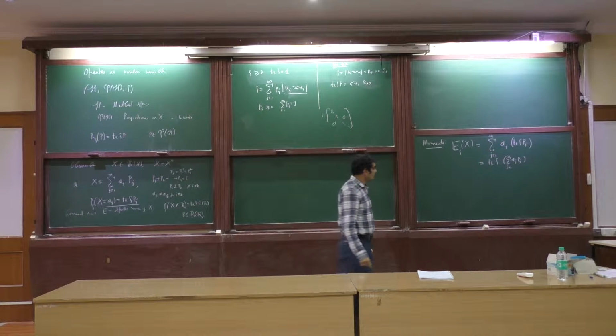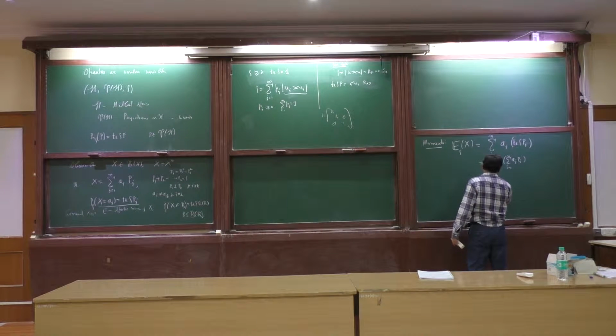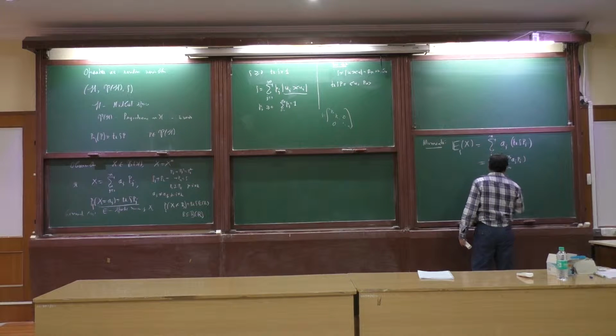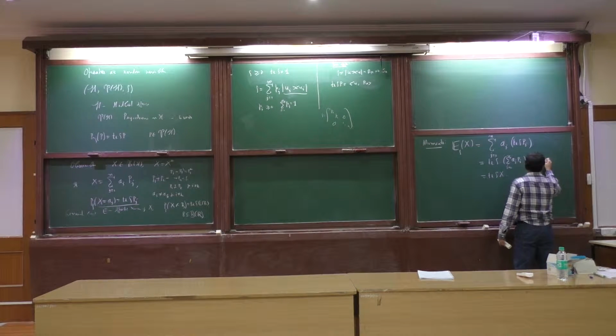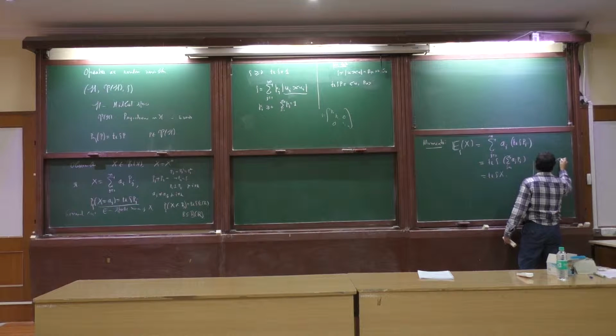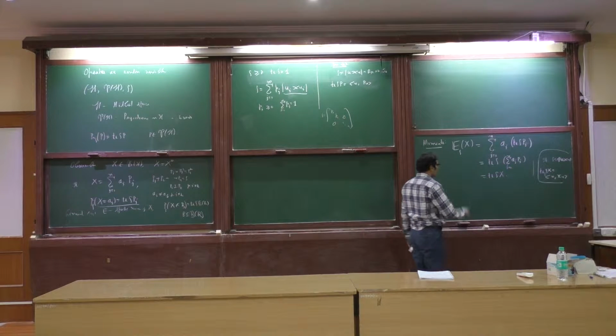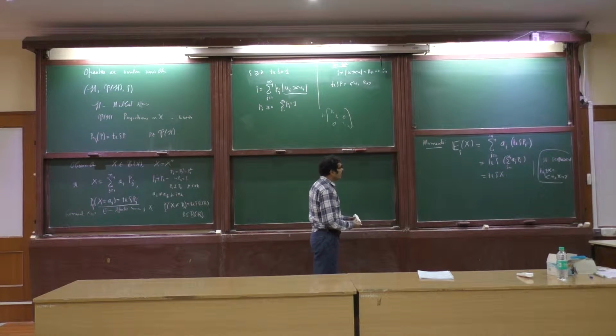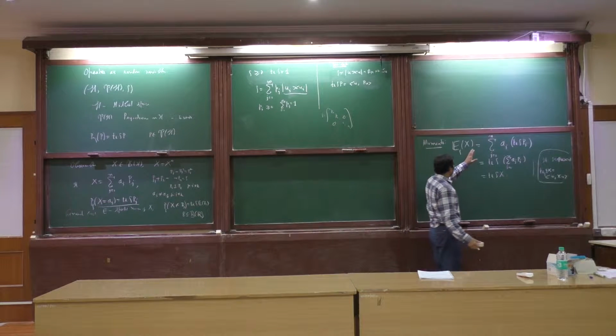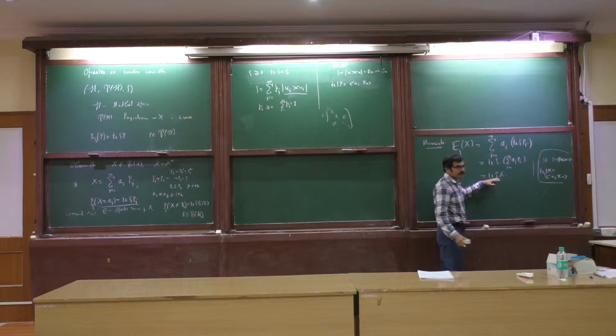So it is just trace rho x. The expectation of x is trace rho x.